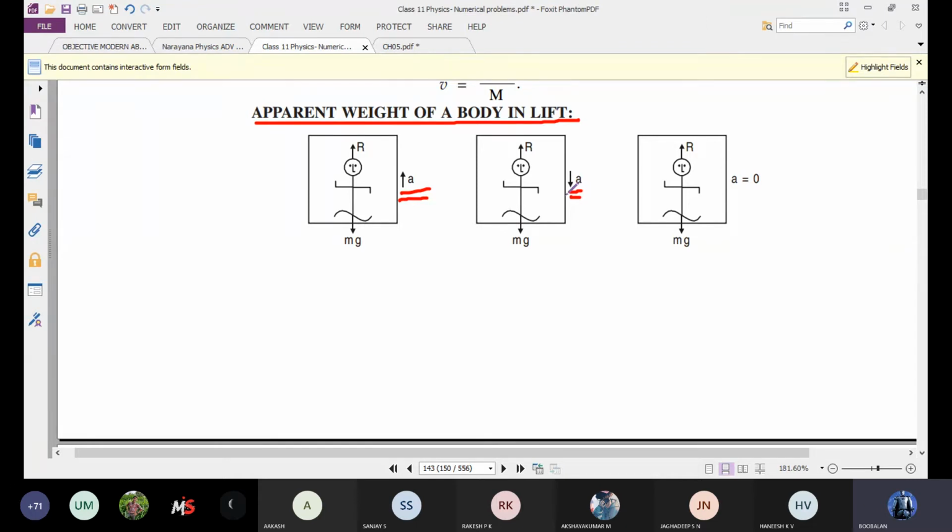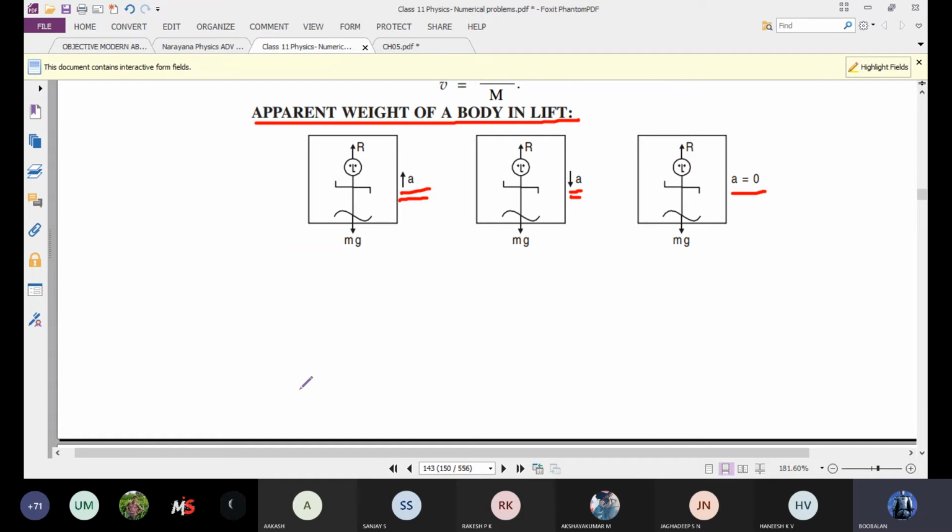Now a equal to 0. There is no movement, so there is no acceleration. And one more condition also: the a value equal to g. First everyone draw the diagram.